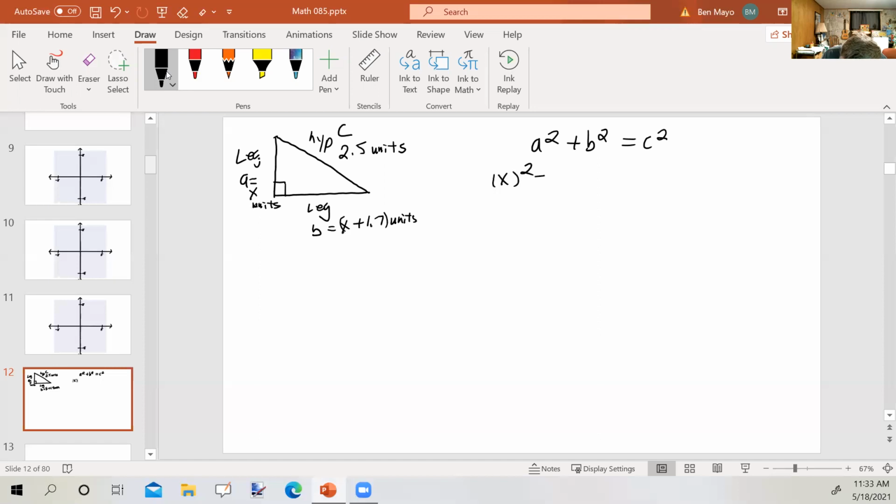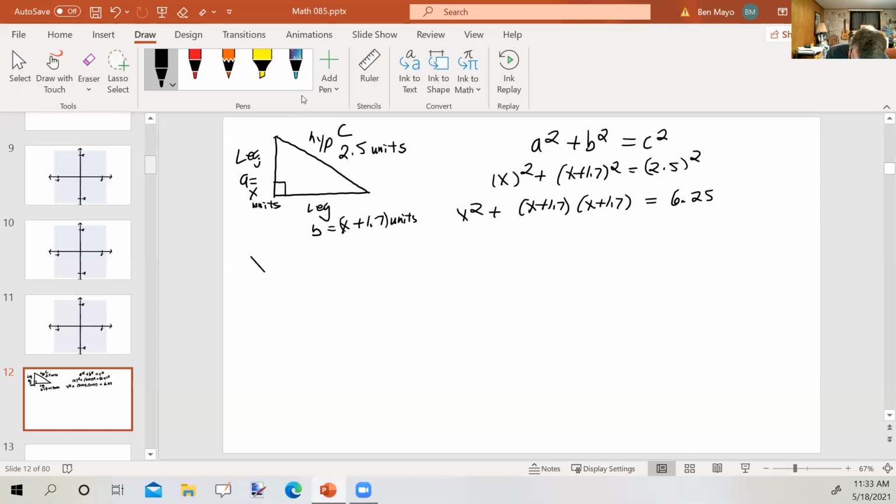So plugging these things into the formula, we get X squared plus the quantity X plus 1.7 squared equals 2.5 squared, which leads us to X squared plus X plus 1.7 times X plus 1.7 equals 6.25. 2.5 times 2.5 is 6.25.